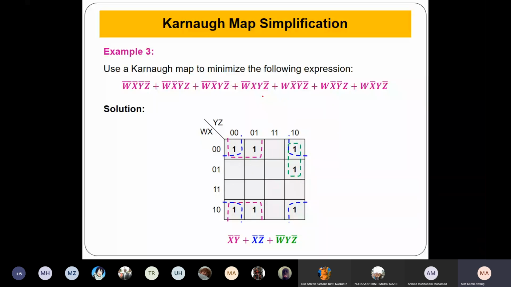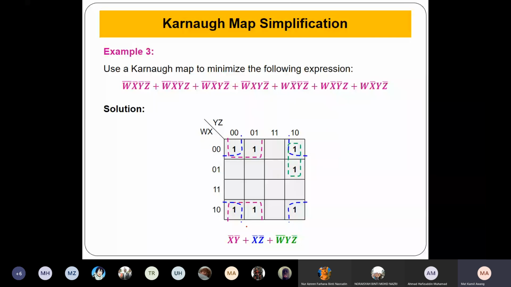And W bar X is this one, this row. Y and Z bar is this one. Okay. W X bar, so this row. Y bar, Z bar is this one. W X bar, Y bar, Z is this one. And W X bar, Y, Z bar is this one.